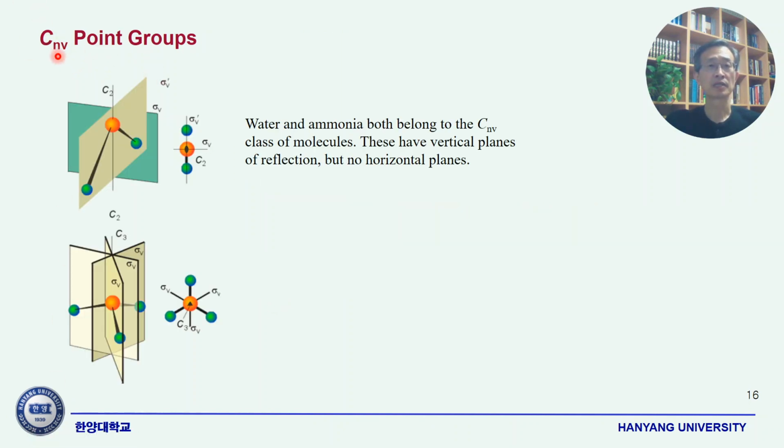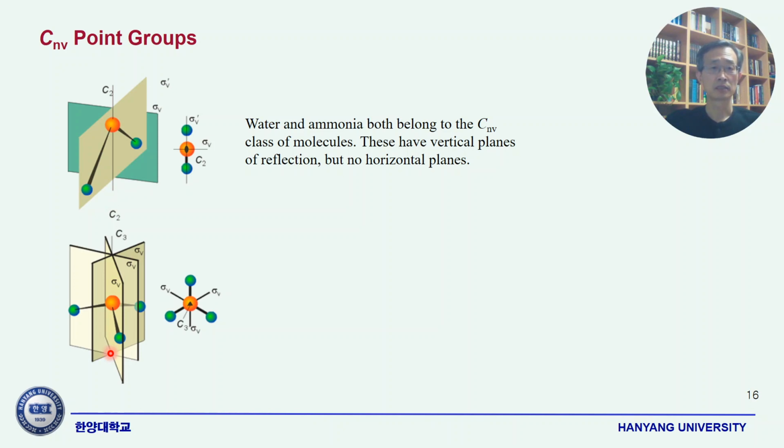Okay, the CNV point group. CNV is something like the C2V we just did, C2V for the water molecule. And this one is, for example, ammonia, which has a C3 axis, so this is C3V. So water and ammonia both belong to CNV, because of the C2 and C3 axes and a vertical mirror plane. Ammonia and water belong to the CNV class of molecules because there are vertical planes of reflection that include the axis of rotation, in this case C2, and in this case C3.